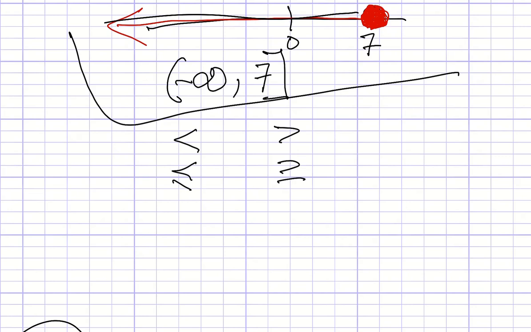I want to do it a little better so you can see it. Greater than, and then greater or equal to.